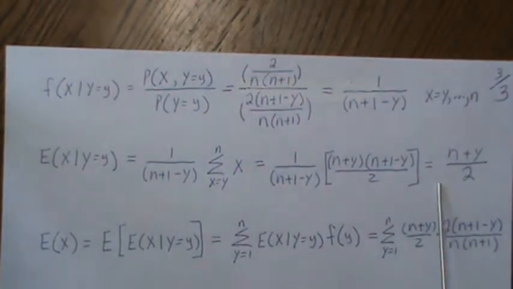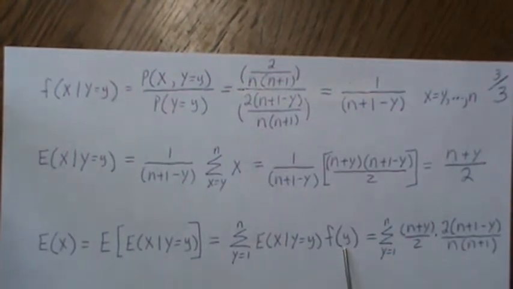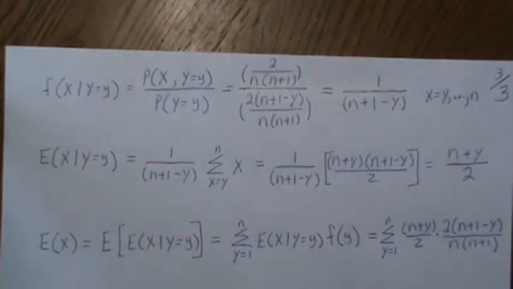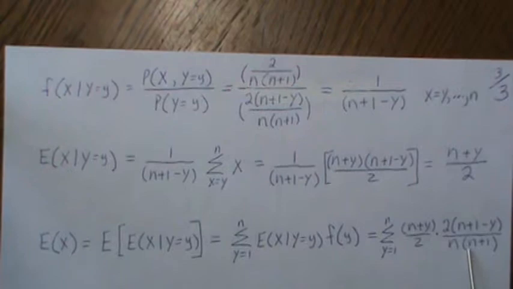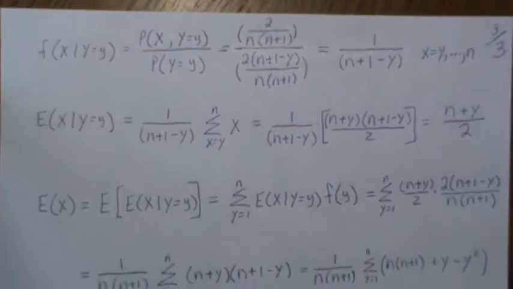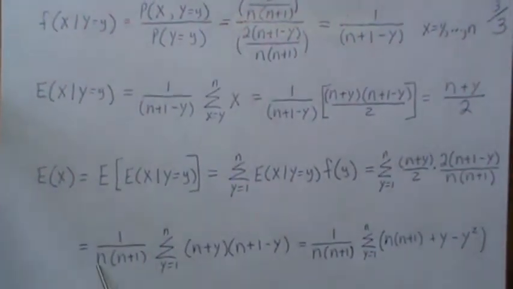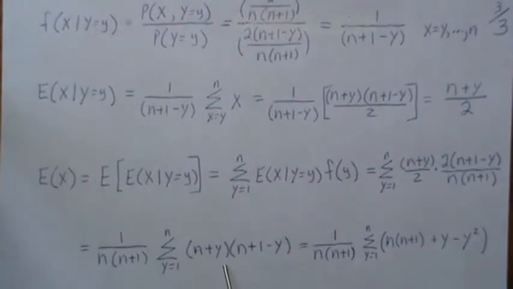And here we just calculated as that, and the marginal of y was this. So we're going to sum over that. We take out the constants, which is what we do here, and we have this piece.